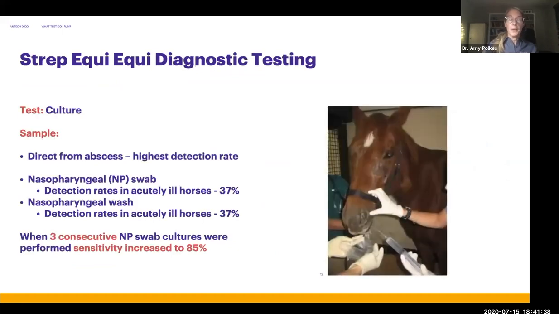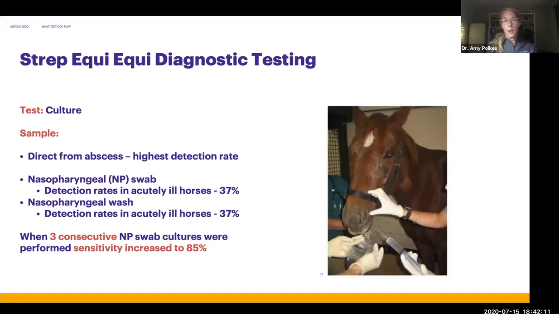Okay, what about culture? Obviously, directly from the abscess is certainly the highest detection rate. If you are going to do culture and you have an ill horse, it's really low detection rates by just doing a nasopharyngeal swab or even a nasopharyngeal wash. However, if you do 3 consecutive nasopharyngeal swab cultures or washes, it did increase the sensitivity, but you've got to do it 3 times.